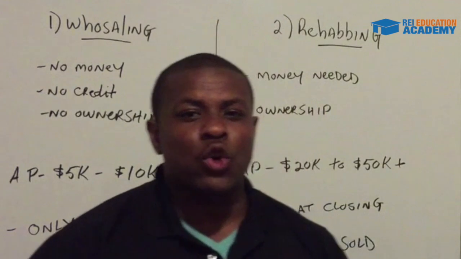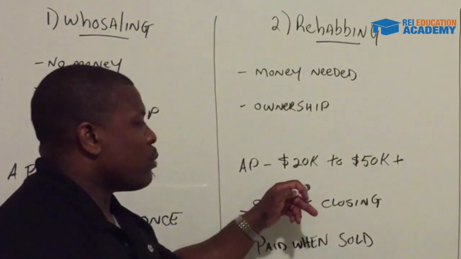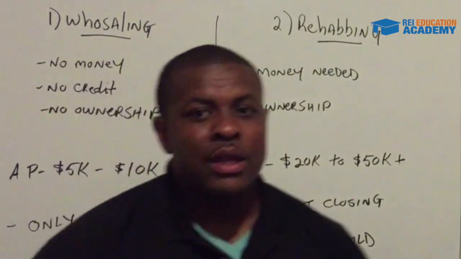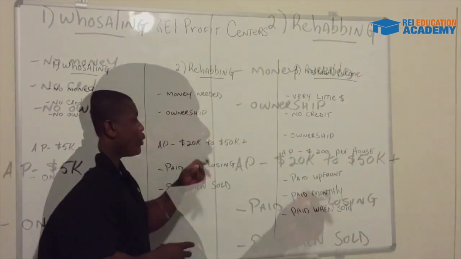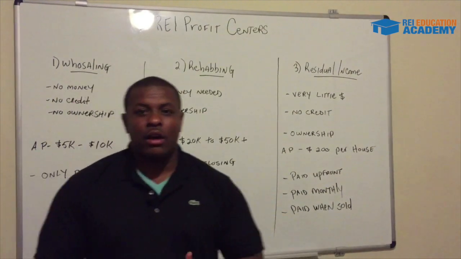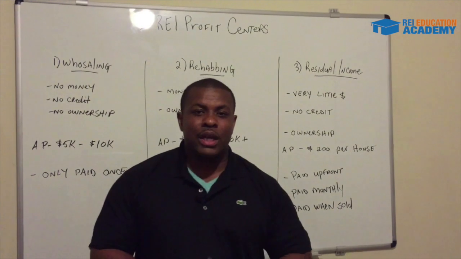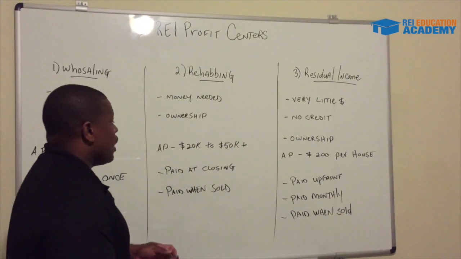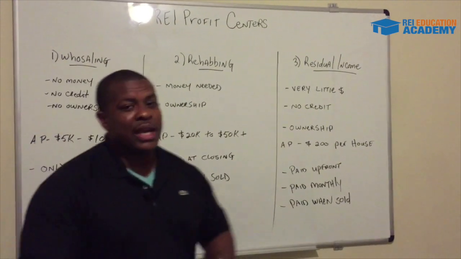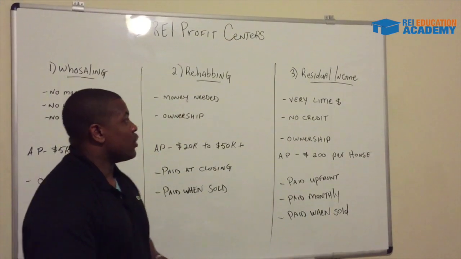Then you have the major rehab projects where you can actually make somewhere in the neighborhood of $20,000 to $50,000 per deal. Okay, and that's when you go in, you buy a property at a discount, you put a lot of work into it, and you sell it at retail price. Okay, now the benefit of doing this is you can get a huge chunk of cash when you close that deal.